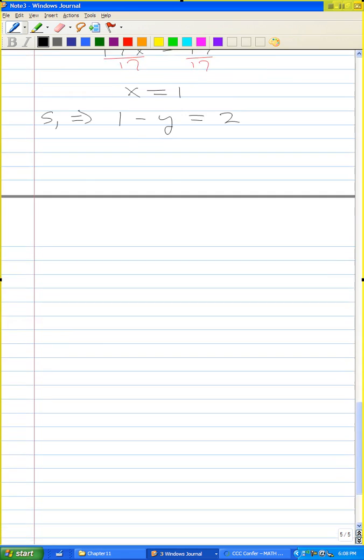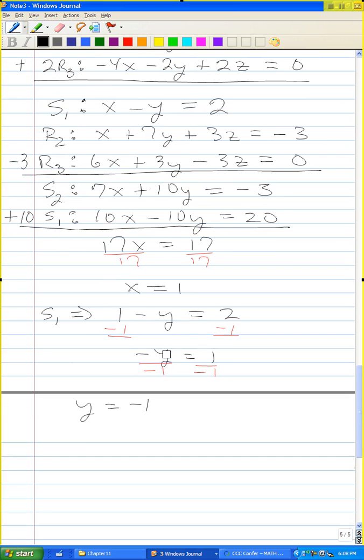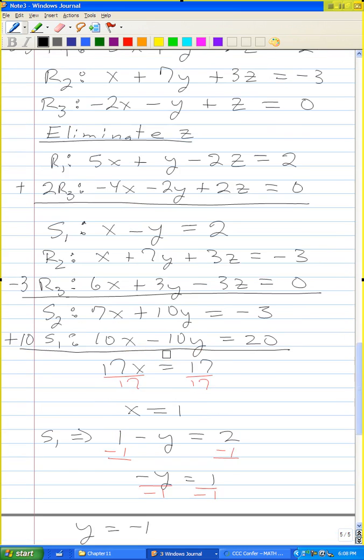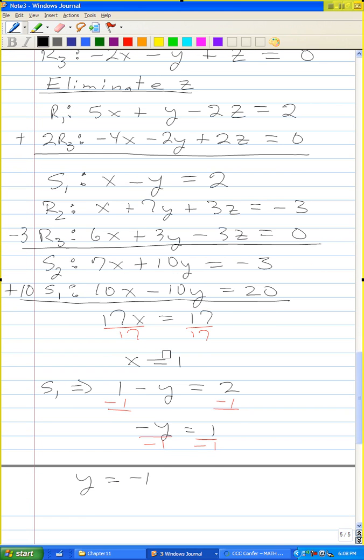Subtract 1 from both sides. And so I get negative y equals 1. Divide by negative 1. So I get y is equal to negative 1. So I know x, I know y. I want to figure out z. I can probably use the third equation. So let's use R3.